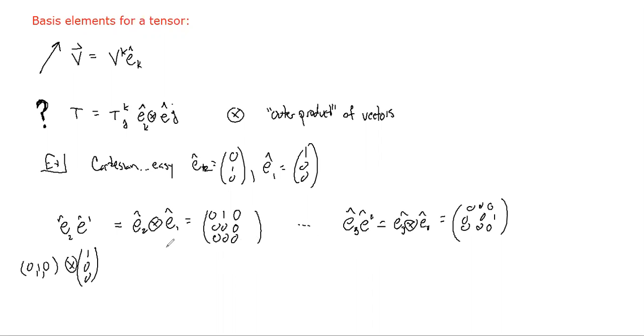Okay, so generically, what I have is this. This is the most generic expression for a tensor. So a tensor is T^{kj} e_k e_j. And you can play games with indices. You can raise them and lower them. We're not quite there yet, so I'll just write it like this for now.